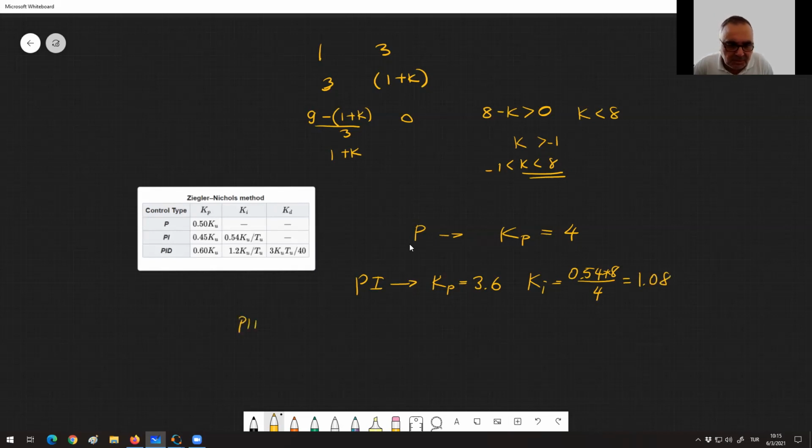And for PID control, if you want to use PID, Kp is 0.6 Ku, which is 4.8.